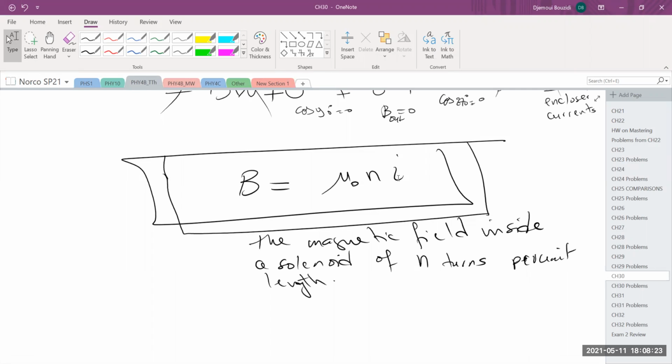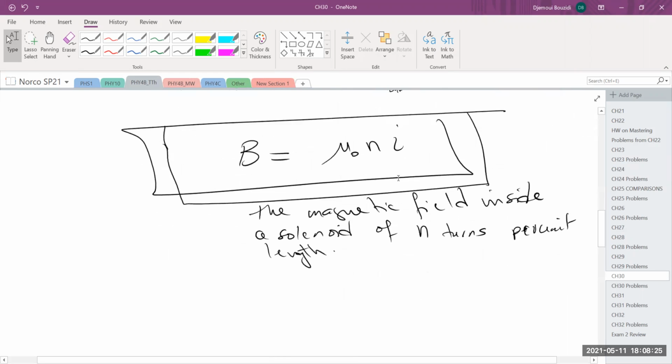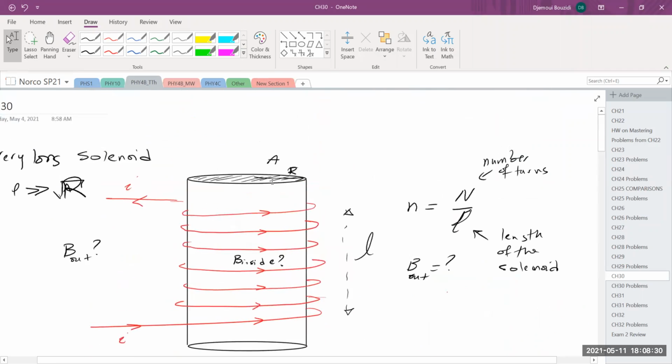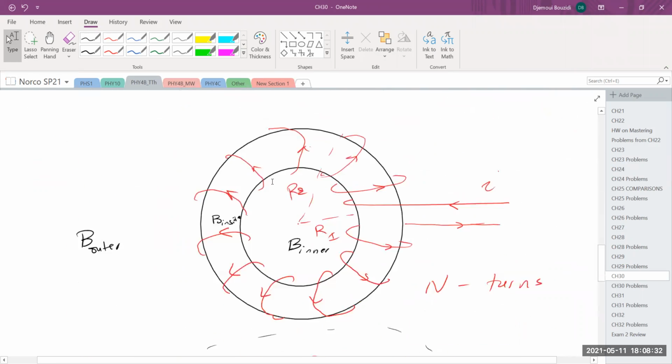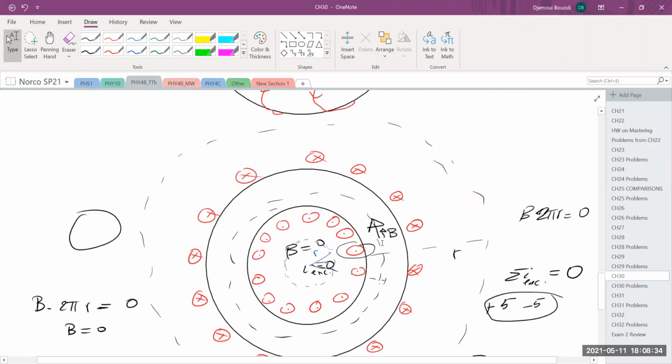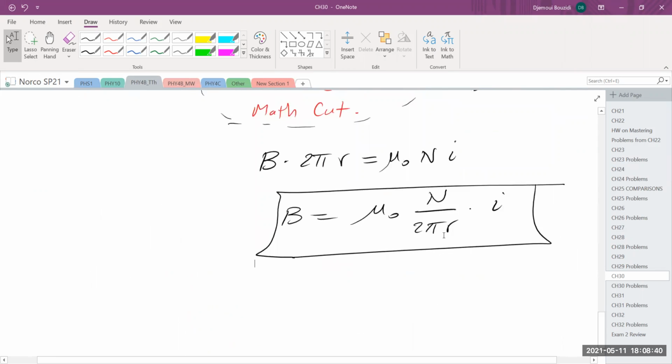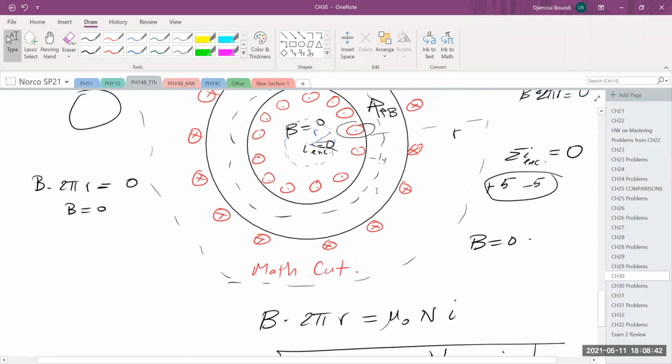If you're trying to find the flux of the magnetic field, in this case it would be just B times the area A. Okay? There is a problem, first of all, it depends on R. The magnetic field closer by is stronger than the magnetic field further out, because it's 1 over R in here. But you can take an average if these two values are very close to one another.